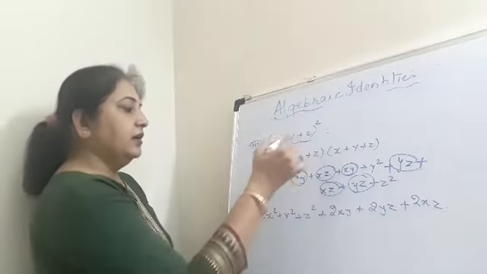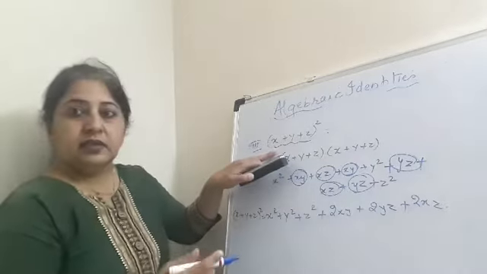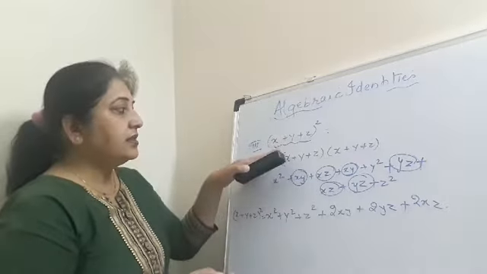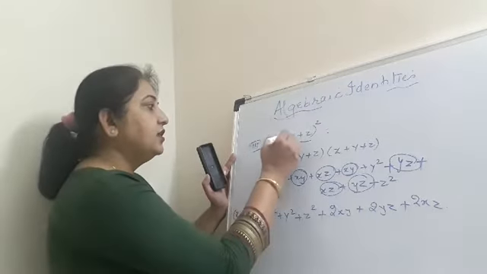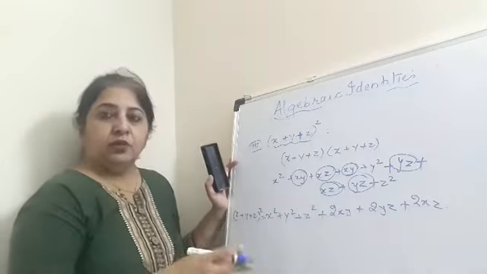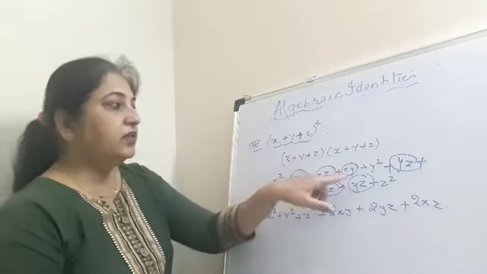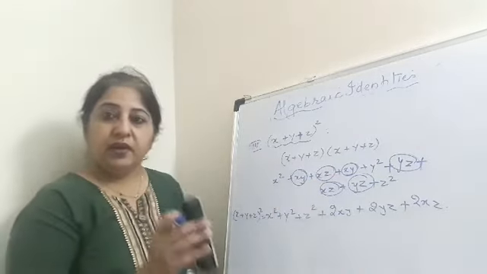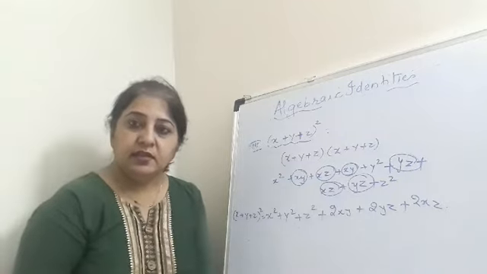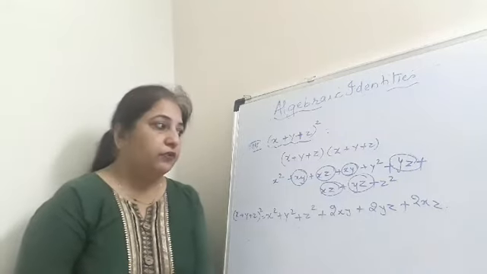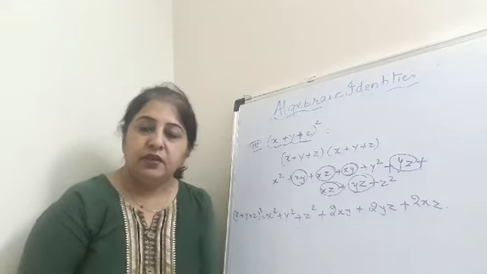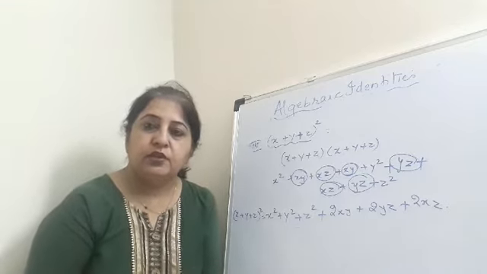When we use this identity, it is not necessary that you will always get the identity with all positive terms. You can have a negative term also. So depending on the negative terms, some of the signs will change. So you have to be extremely careful with the sign, whether it is positive or negative.